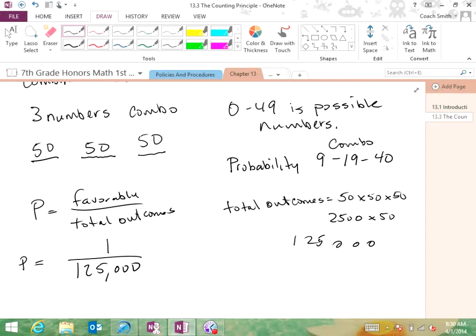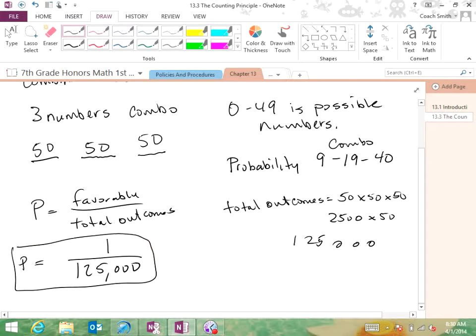It'd be 50 to the third power, but you still come up with 125,000. So that would be your probability that you guessed the combo. If you didn't know your friend's combo, that would be the probability that you guess it right the first time.